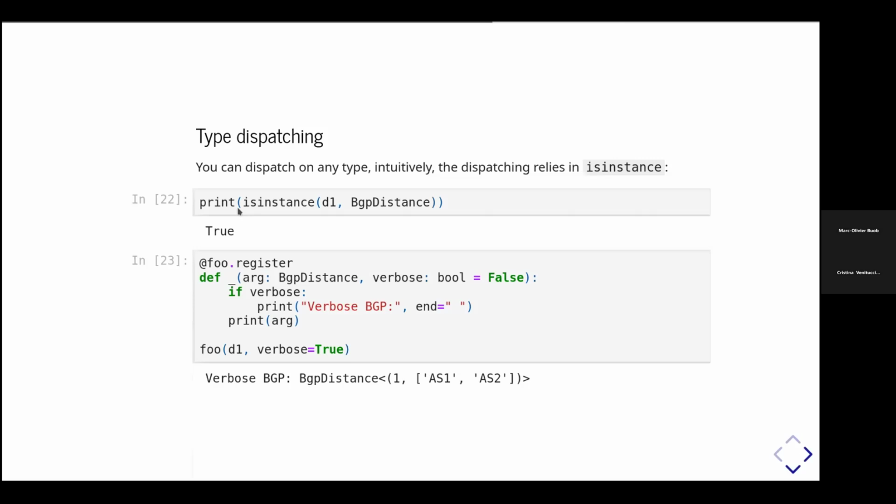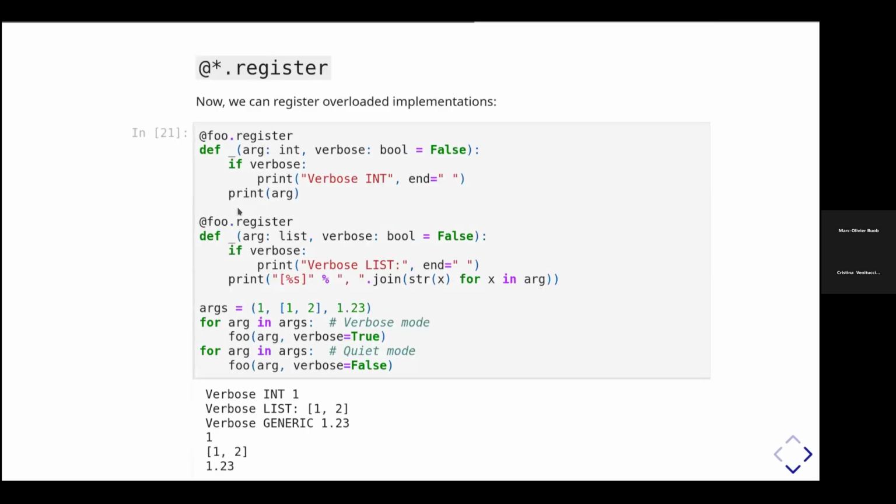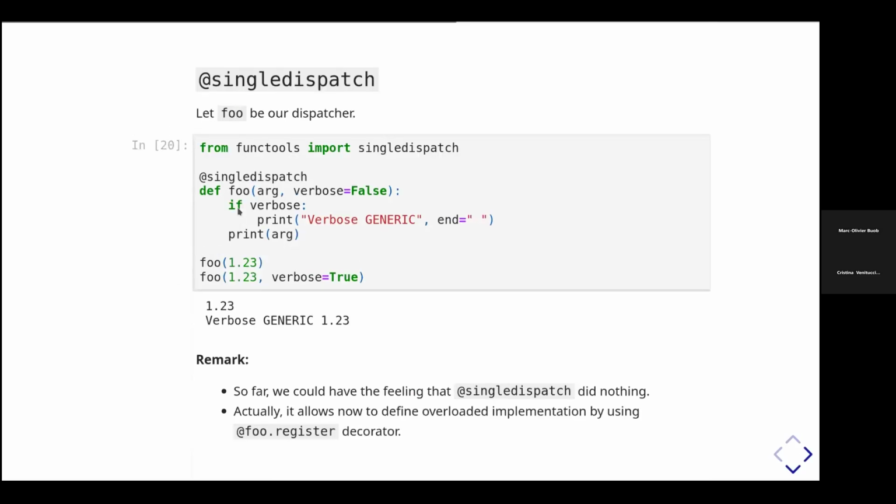In the original definition of foo, the type of arg is what? Yes, this is because we have a single argument. So if I understand correctly the question of Sebastian, this is what if foo has several arguments, could we dispatch across several arguments? I guess the answer is yes, but I didn't try, so try and you will tell me. It's a good exercise.